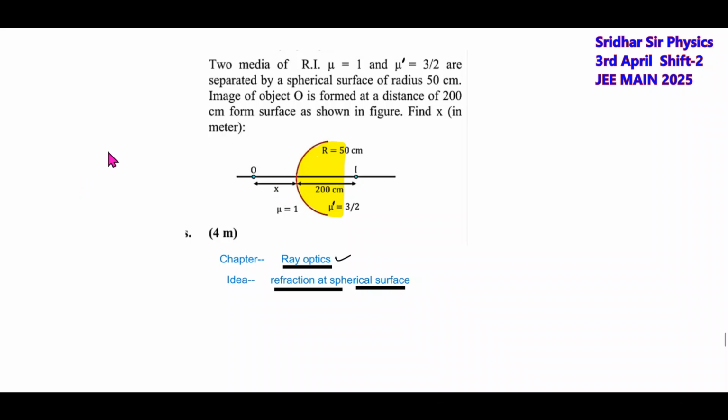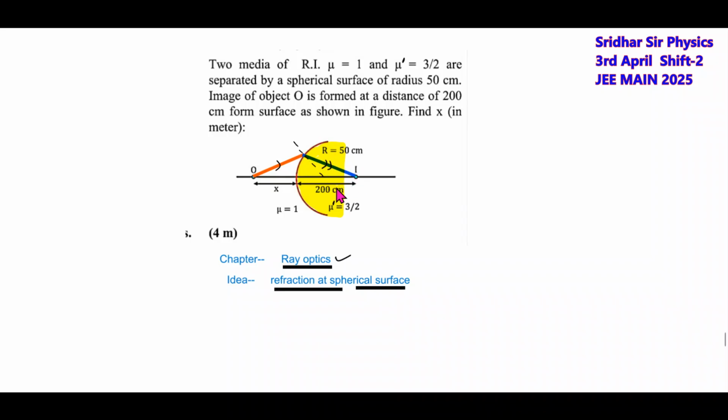What is the formula for this? Refraction at spherical surface formula. The incident ray will come like this, undergo refraction, and the refracted ray will come like this. There's a normal.